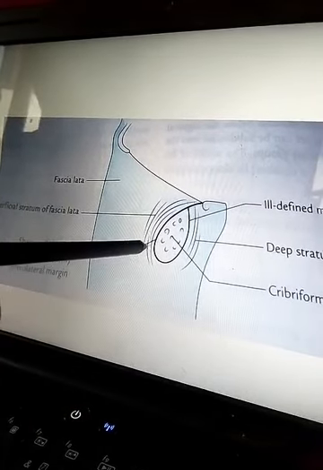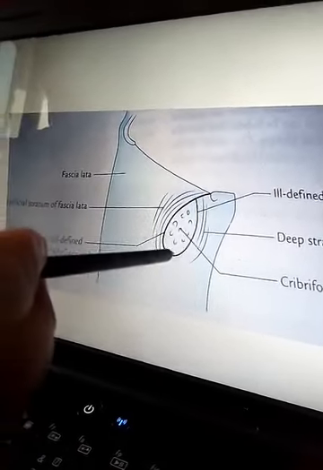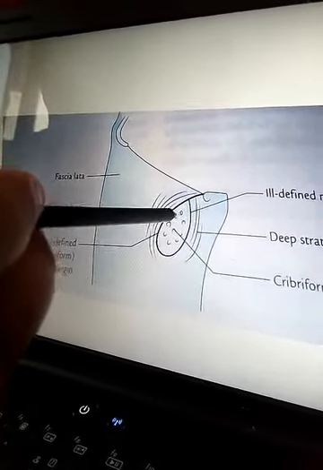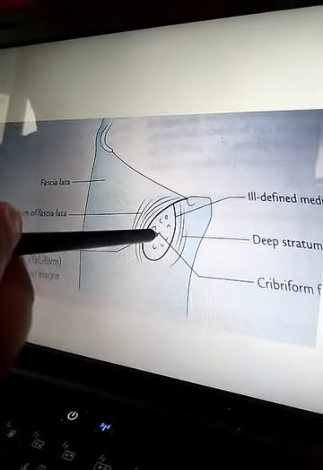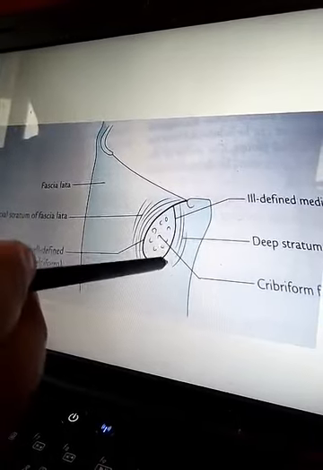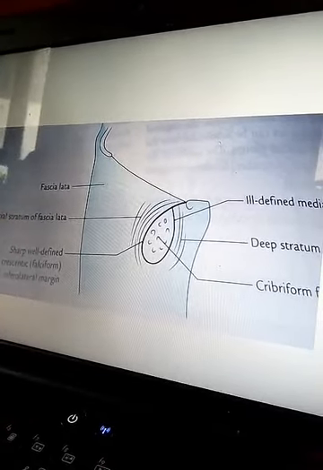The saphenous opening is closed by a membrane of areolar tissue that is known as cribriform fascia, which is pierced by a number of structures, making it sieve-like. Hence, it is known as cribriform.